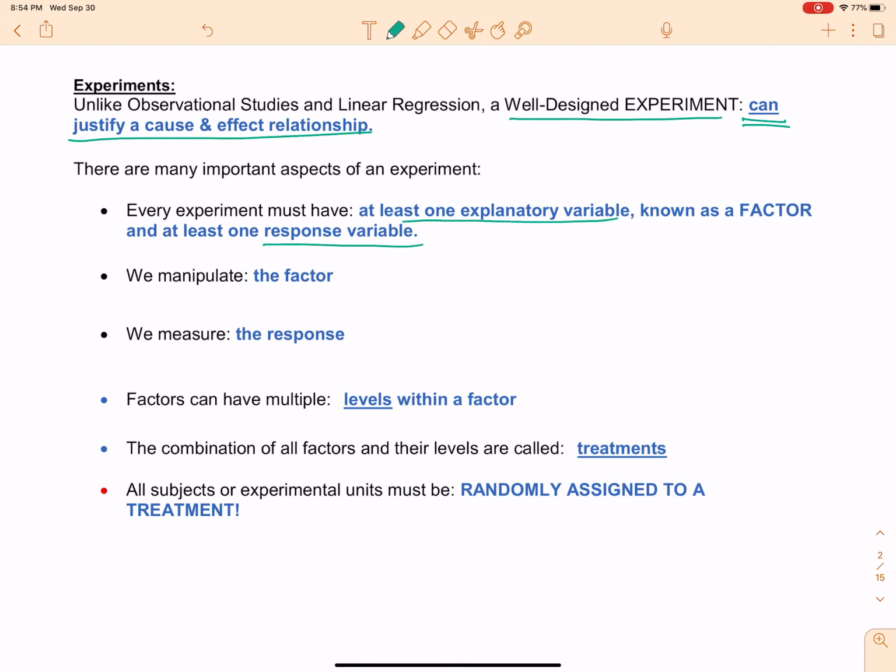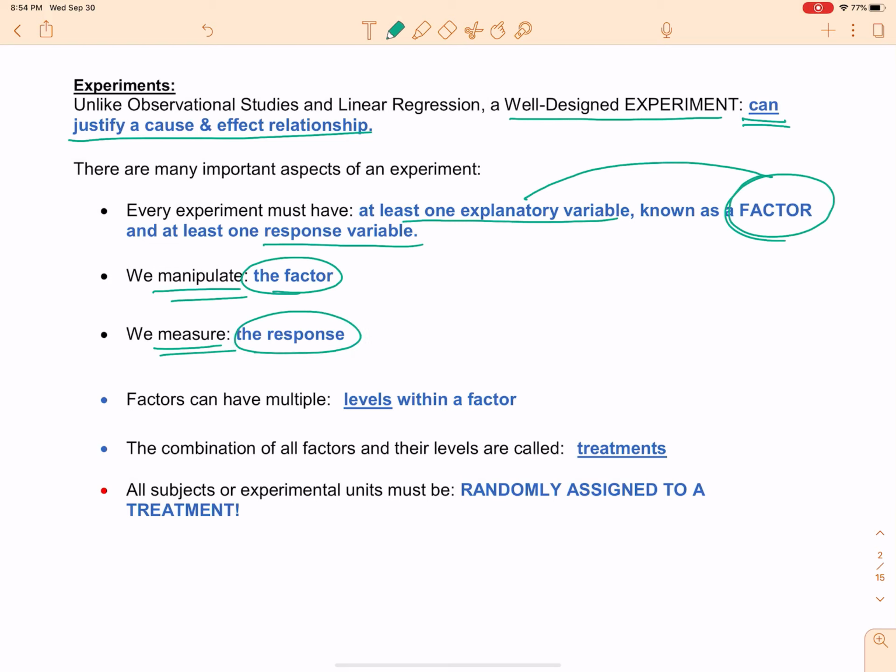But this time, we're going to talk about the explanatory variable as being a factor in our experiment. We're going to be manipulating the factor so we can measure the response. Within that factor, your factor can have multiple levels. I'm going to illustrate this to you in just a minute. The combination of all the factors and their levels are called the treatments.